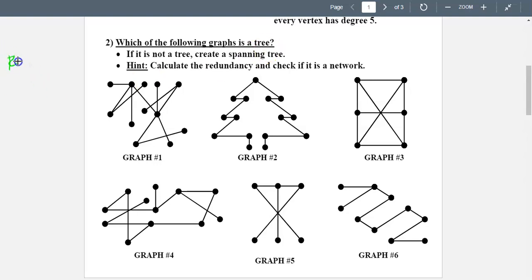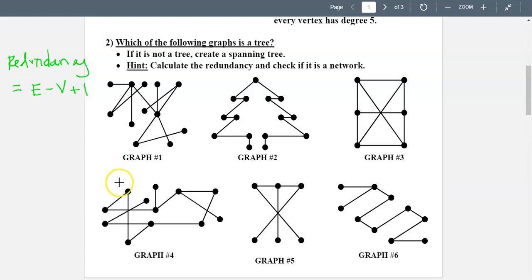So redundancy, y'all are just going to have to bear with my awful handwriting on this thing, is equal to edges minus vertices, I'm going to put an E for edge and a V for vertices, plus 1 in most cases. So redundancy is going to tell you how many lines you need to get rid of, or how many edges you need to remove to make a graph a tree.